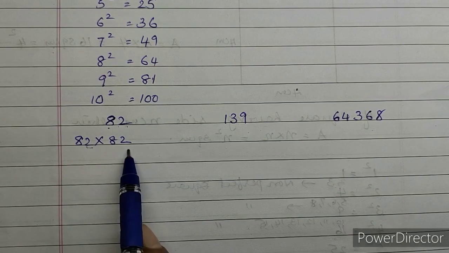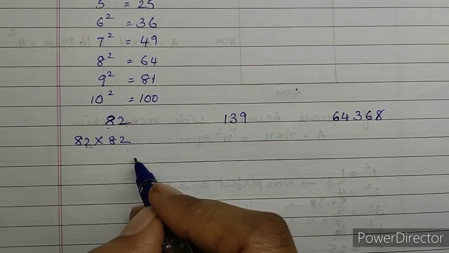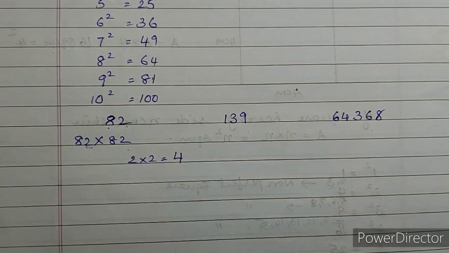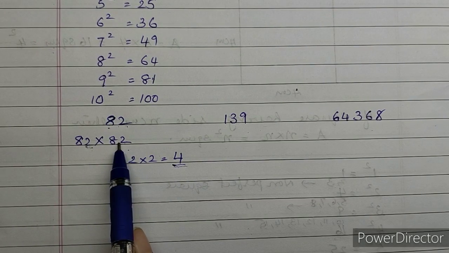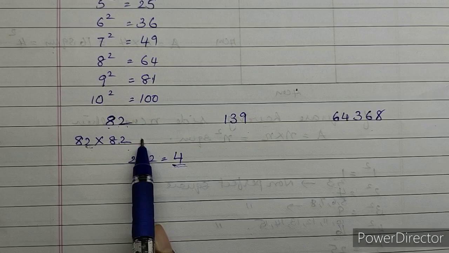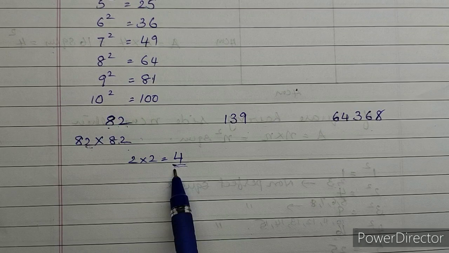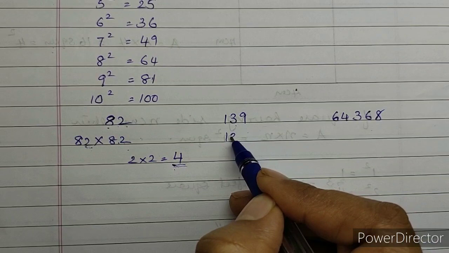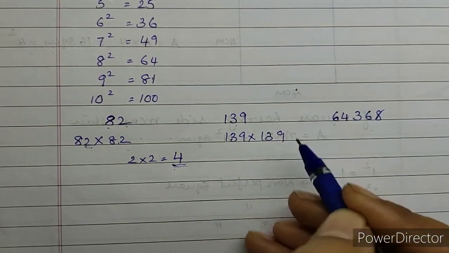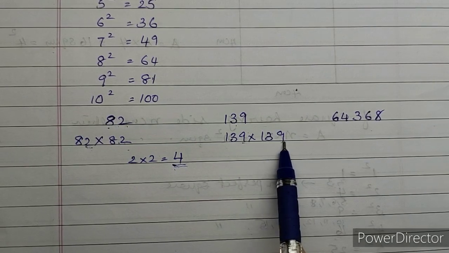So when we multiply 82 into 82, we first multiply the unit place digits, 2 into 2, which is 4. That means the product you get will have unit place digit 4. Similarly, if you take 139 into 139, the unit place digit is 9.